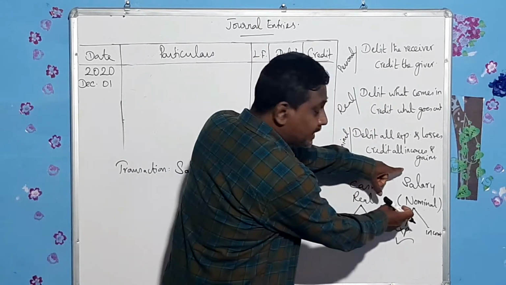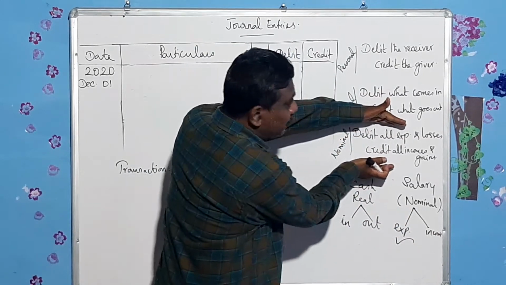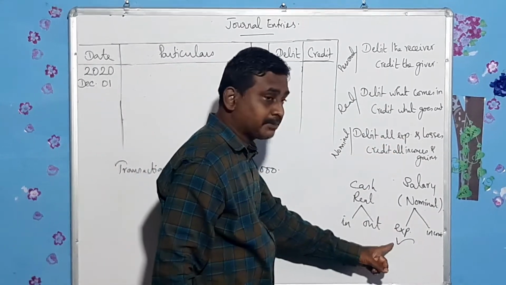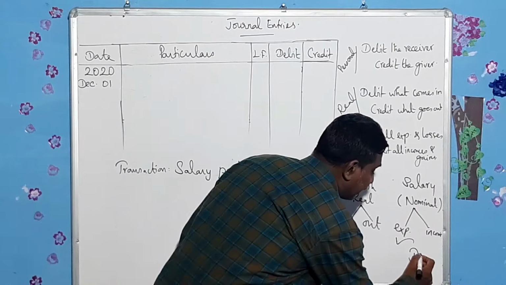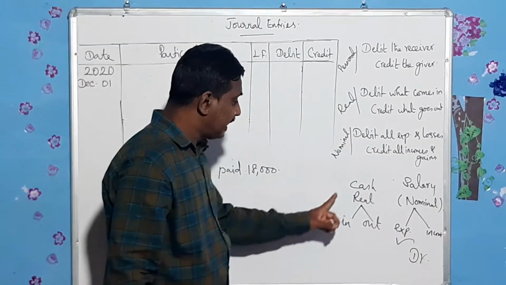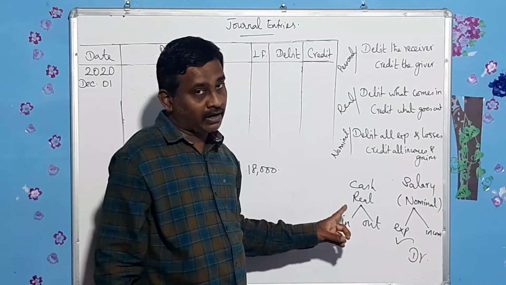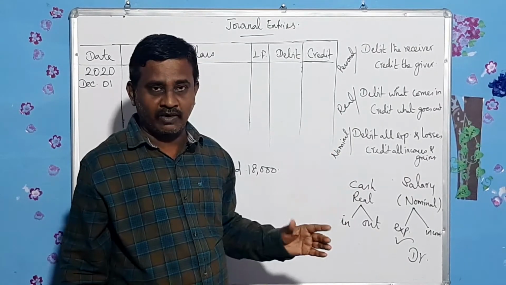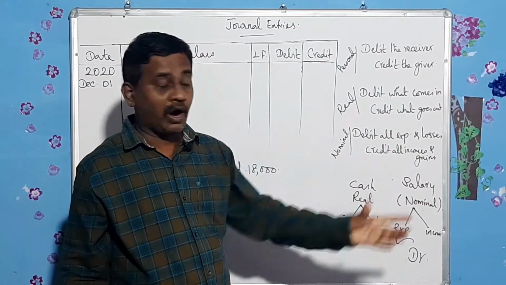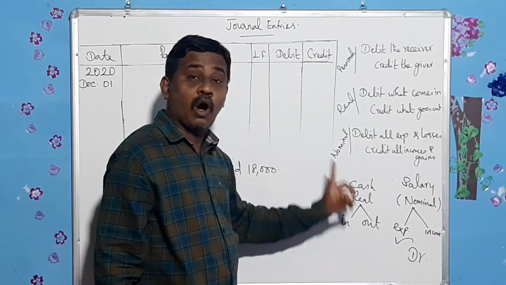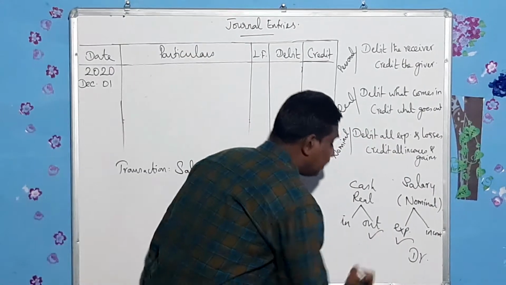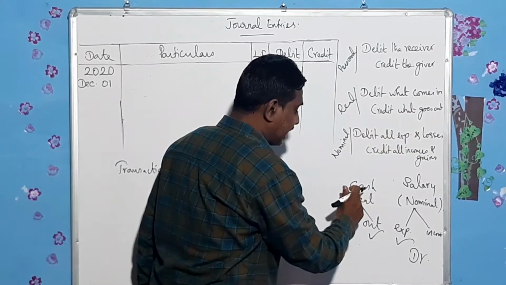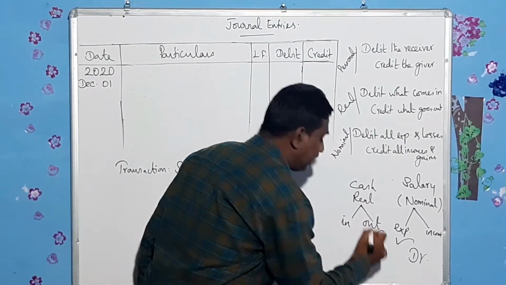And if it is a nominal account, see these two golden rules. Debit all expenses. This is an expense, so this account should be debited. See, cash is a real account. I have already told you that if a real account is involved, it may come in or it may go out. Cash will go out of the business. So, credit what goes out. The cash goes out, so this account should be credited.